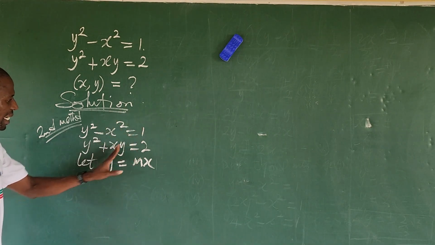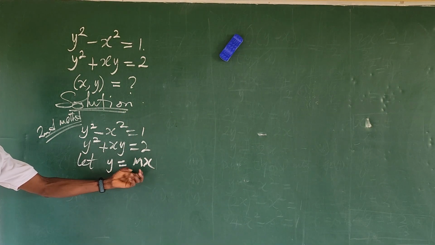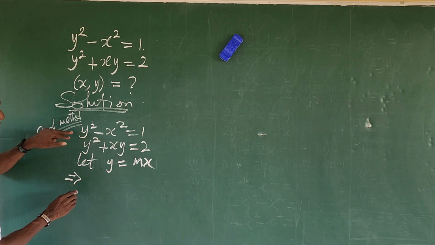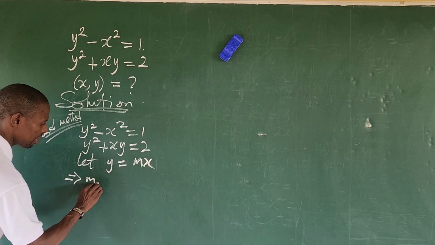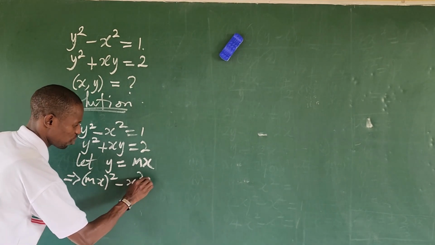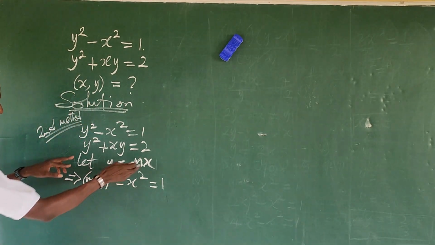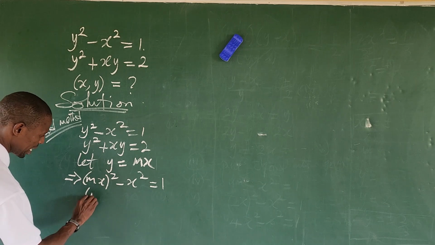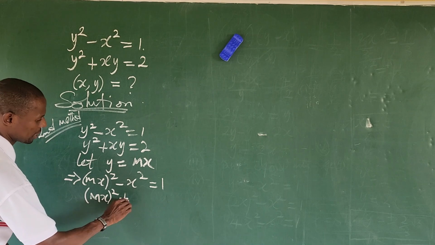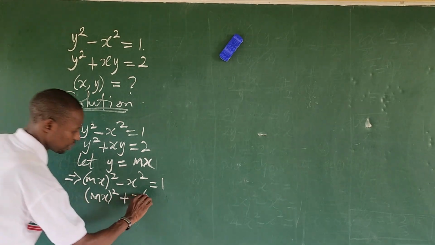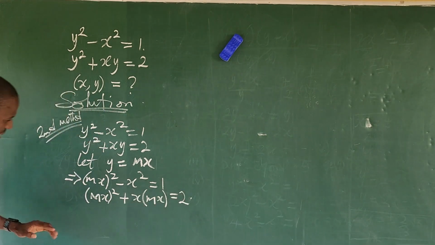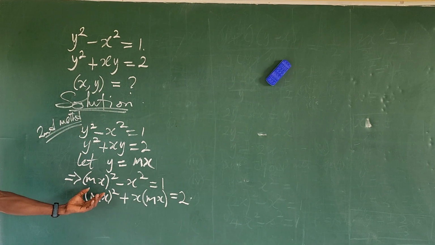So wherever we see y in equation 1 and equation 2, we put in mx. So this now implies this first equation is going to give us (mx) squared minus x squared equal to 1. Then again, we have (mx) squared plus x into (mx) equal to 2. So what we do here, we can open this up, right?